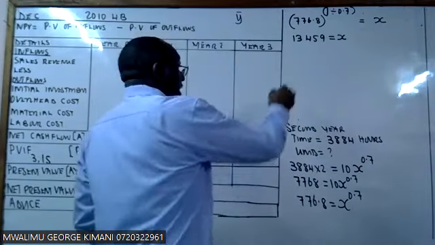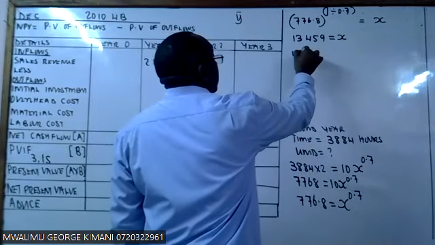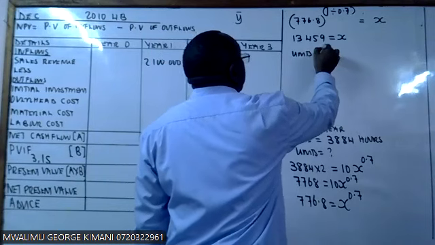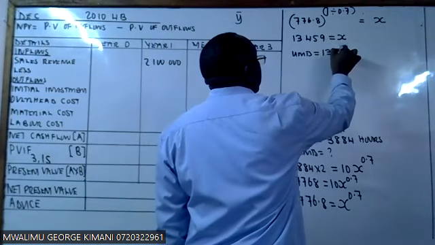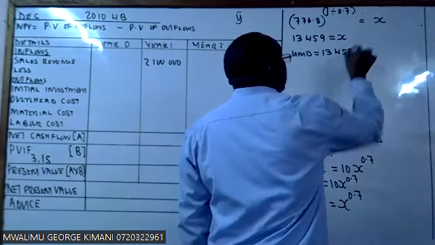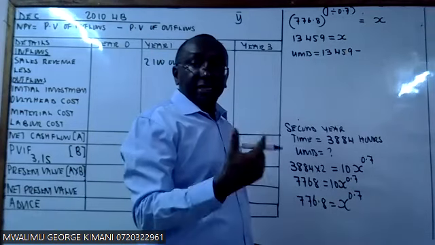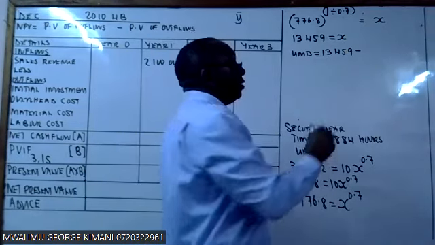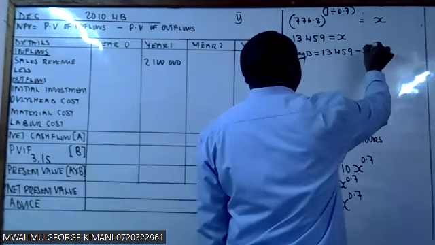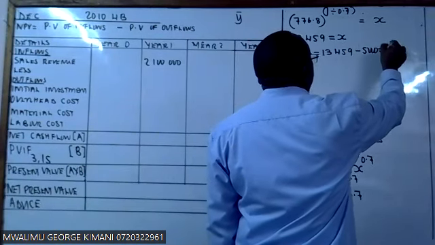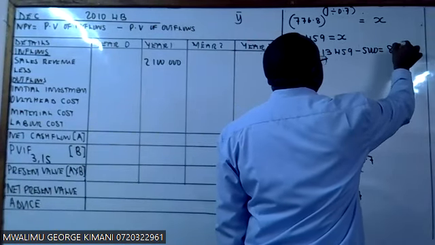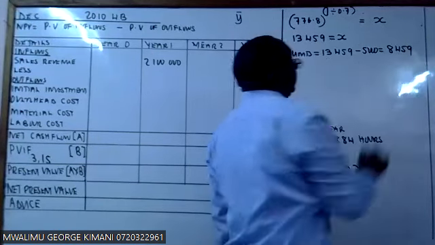So the units for the second year will be 13,459 less what had been made in the first year, 5,000, and this will give you 8,459.